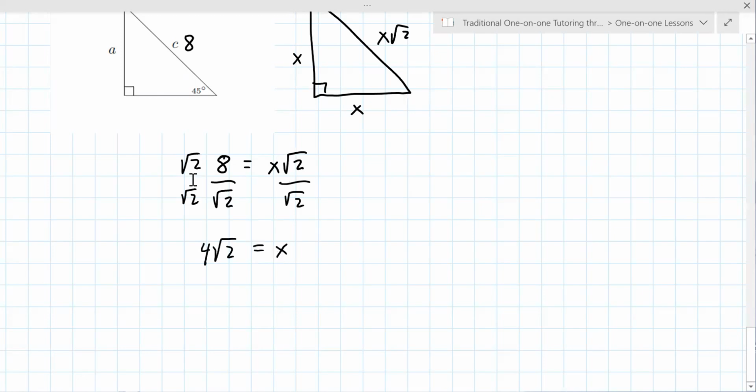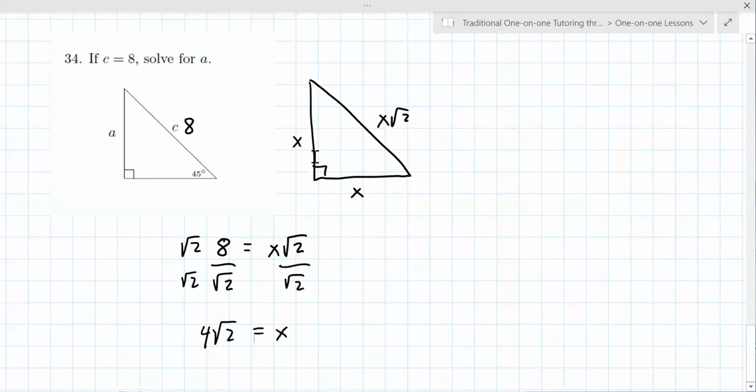And x is the reference triangle, but what's the word that we would use to describe x in terms of the triangle? Okay, sorry.